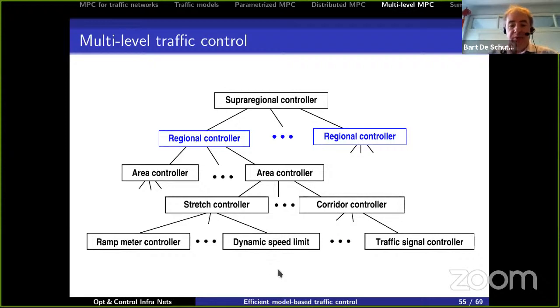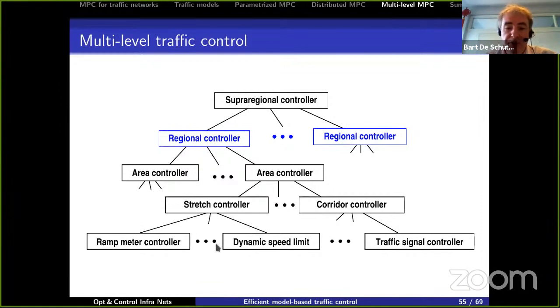And there we will consider the following hierarchy. So at the local level, we would typically look at, for example, individual ramp meter controllers or individual dynamic speed limit controllers, or in an urban context at specific intersections and the local traffic signal controller.